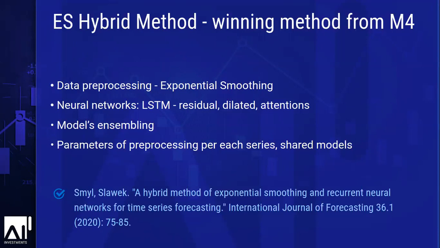Some models are selected per time series. A set of models is trained on a big number of time series, like 1100, and the best models are selected for subsets of the time series. So it's a very complex approach to ensembling, and that's one of the keys to the success of that method.